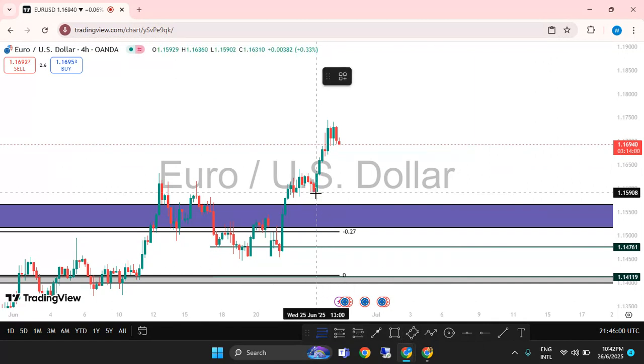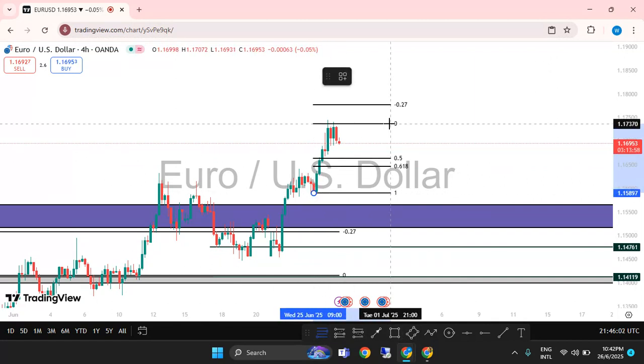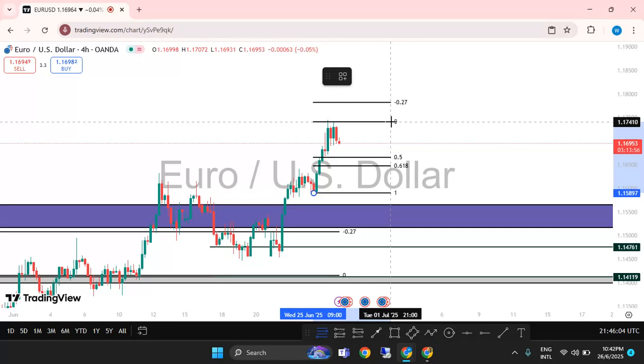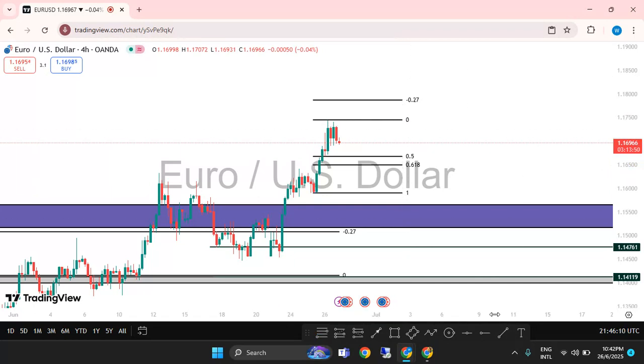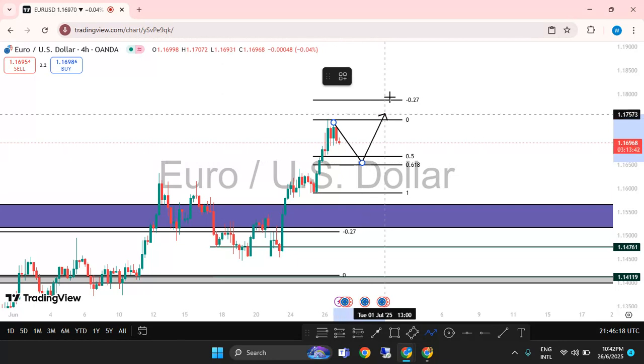So now let's fib from here to here. As you can see guys, if this market can tap into this zone, my golden zone, and I see a candlestick formation, I'm going to take the trade to the upside.